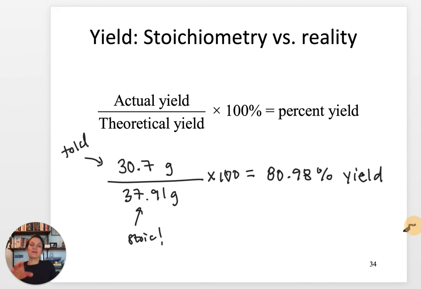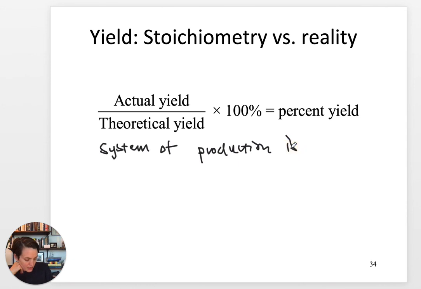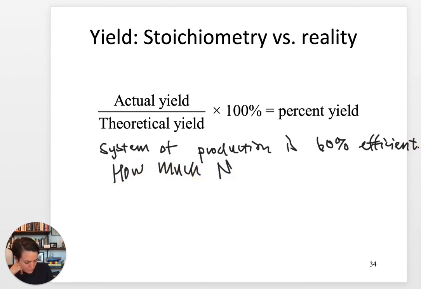Okay, so this is one way that you could solve percent yield. Another way would be, we had that 37.91 grams of sodium chloride from the last problem, and you could be told that the system of production is 60% efficient. Then the question is, how much was produced?